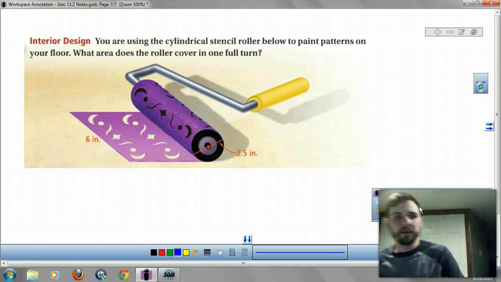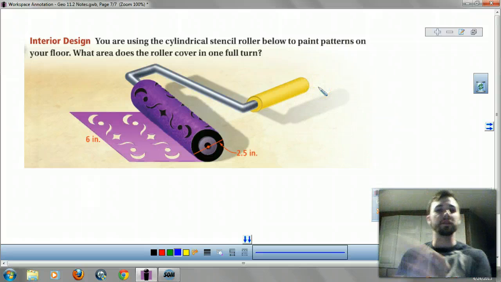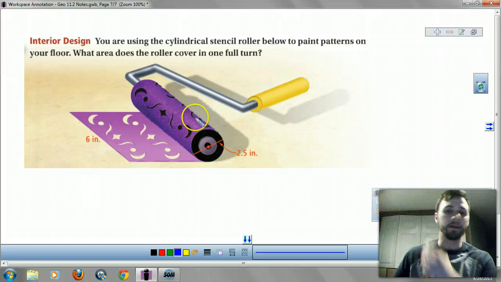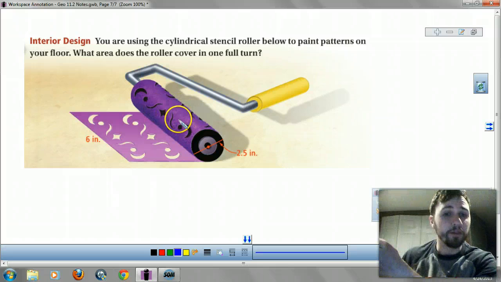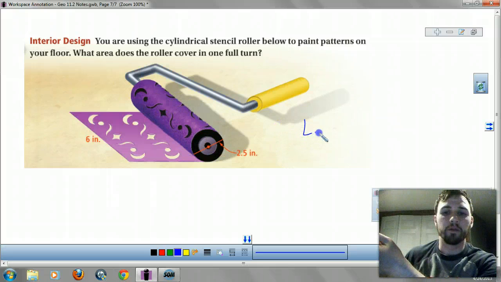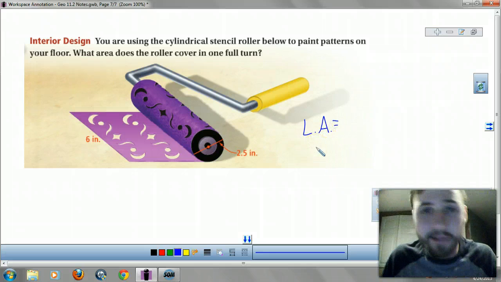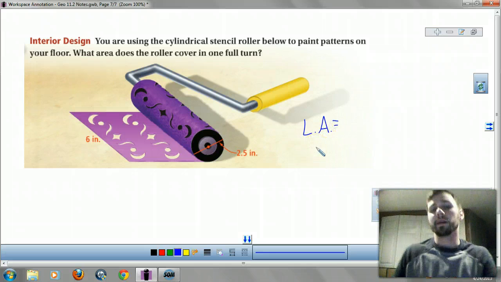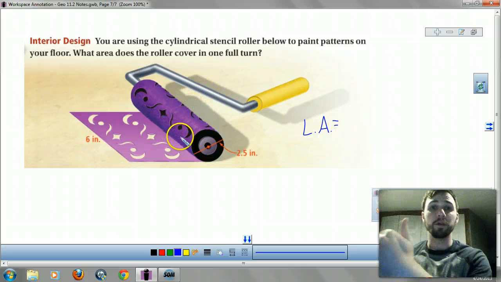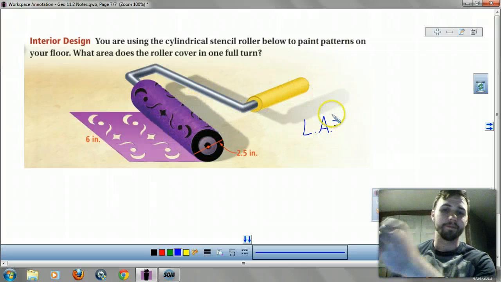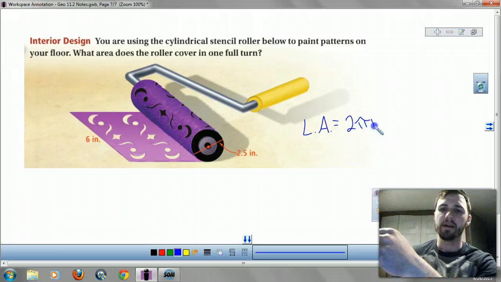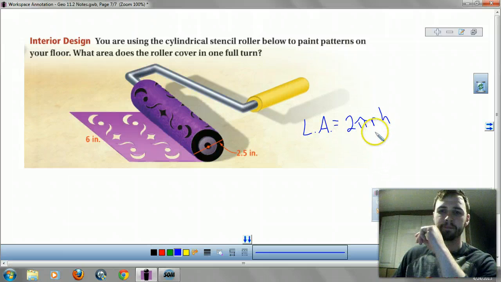Last one. You have a foam roller. What area does the foam roller cover in one turn? This roller is only going to paint with the lateral area, so what we're looking for is LA, because you can't paint with the ends. So you take 2 pi r h. 2 times pi.